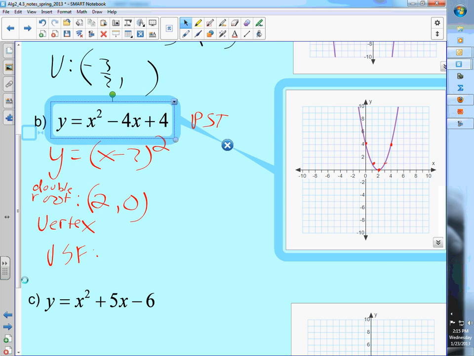And when it's a double, the graph will either come down, kiss the x-axis and go right back up, or if it was a negative, it would come from the bottom, kiss the x-axis as a ceiling, and come back down. Just like throwing a ball off the ceiling, it goes up, the maximum height is the ceiling, comes back down. If you bounce it off the floor, it hits the floor, lowest point, comes back up.